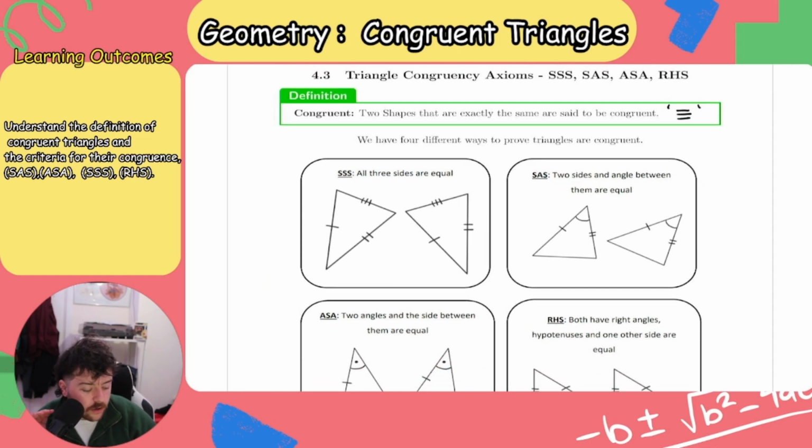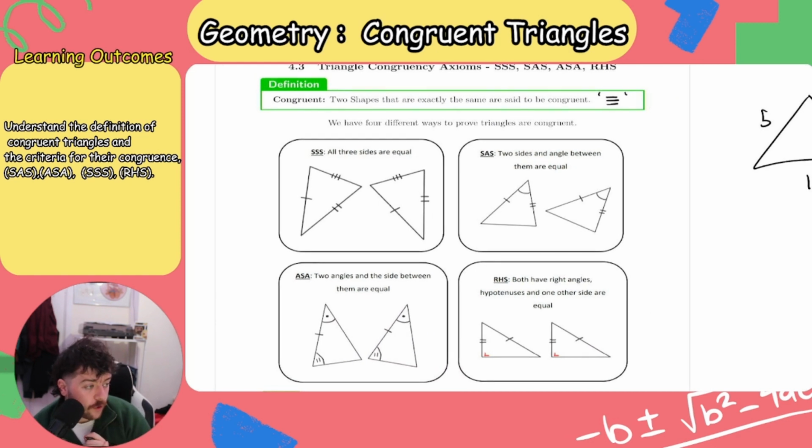When we're talking about congruent triangles, we have 4 rules for congruency. The first rule is SSS: all sides are the same. Then we have SAS, where they have 2 sides the same, and the angle between the 2 sides is the same.